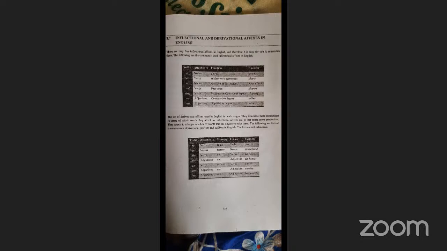From education it became educate, from education it became educational, from educate it became educated, and from educated you added one more thing, it became uneducated. You see this addition of some part at the end and some part at the beginning to form a new word, right? This is what we call affixes.